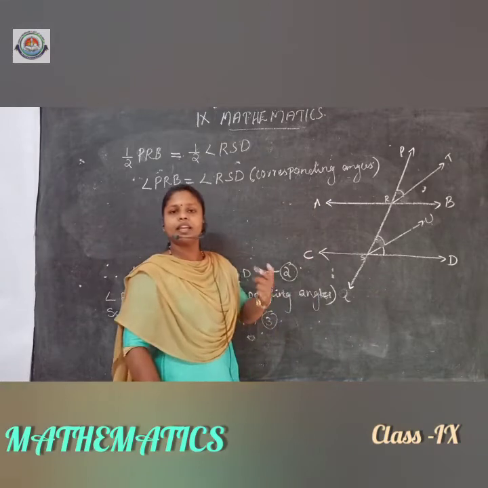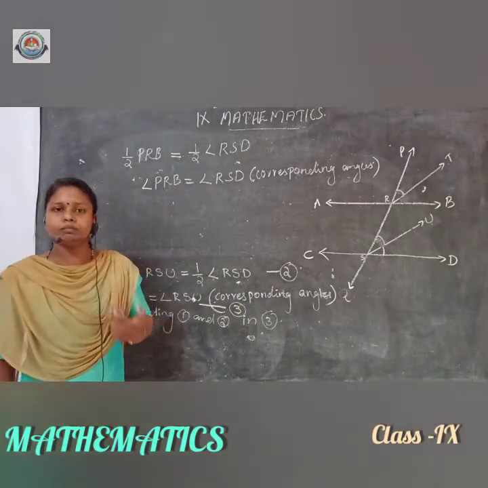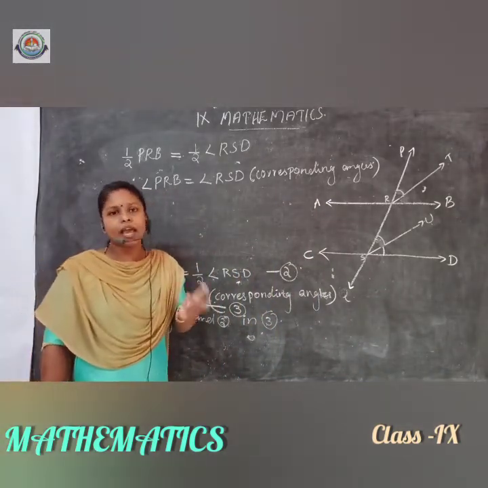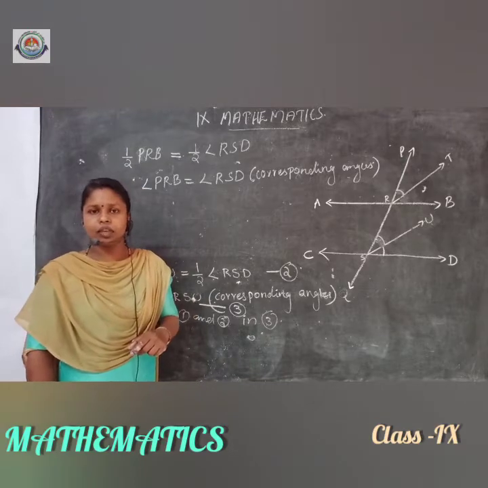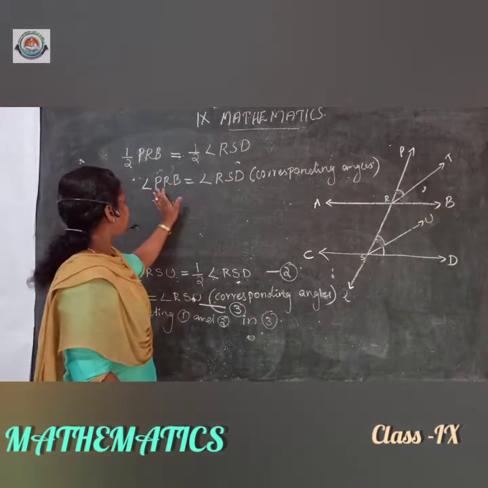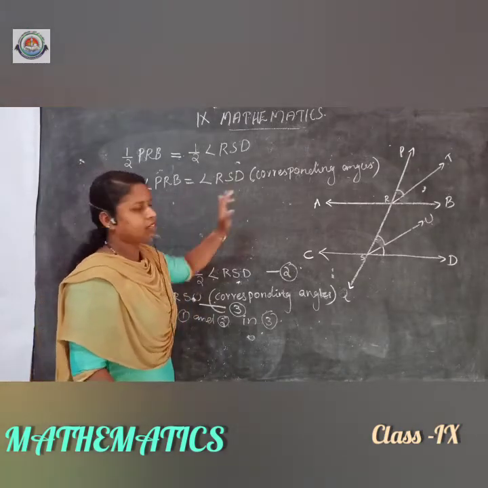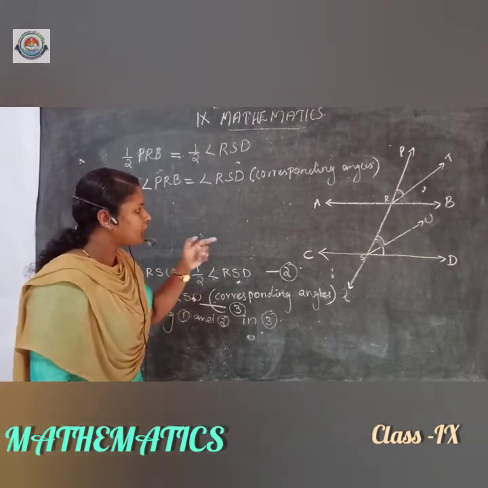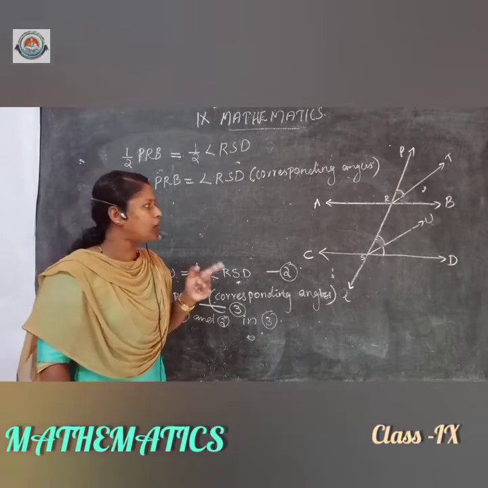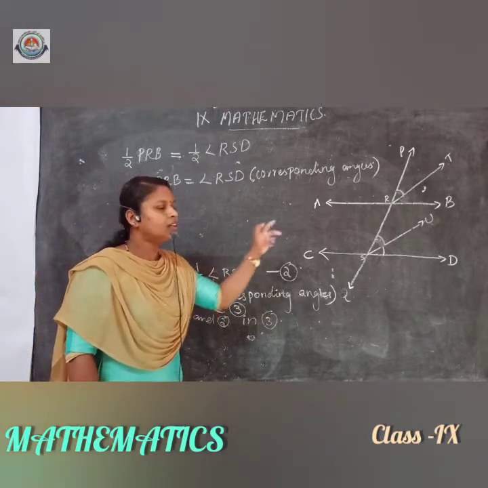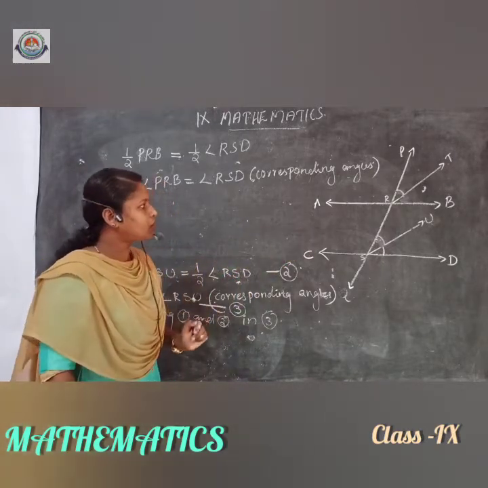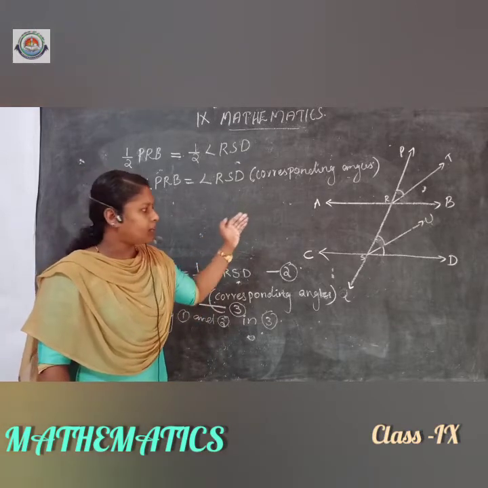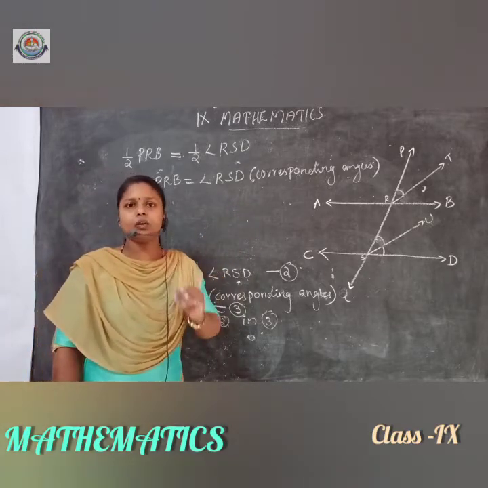Then if the corresponding angles are equal, it means the lines are parallel. Here PRB and RSD are the corresponding angles when the transversal PQ intersects the two lines AB and CD. Therefore, the lines AB and CD are parallel.